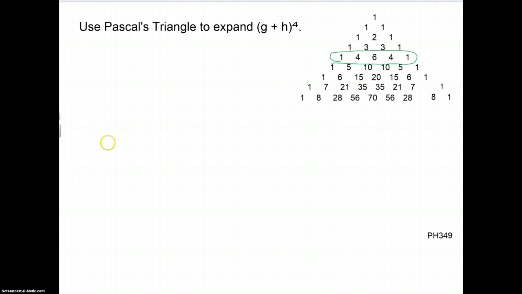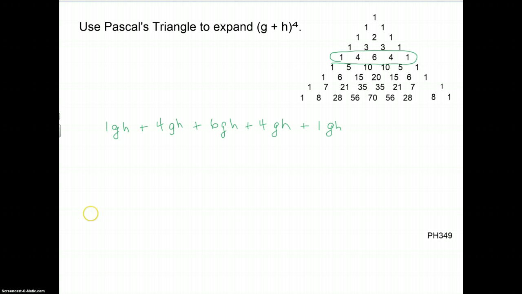So this is going to be 1, and I'm going to put g and h in there, plus 4, g and h, plus 6, g and h. I haven't put in any exponents yet. Plus 4, g, h, plus 1, g, h.